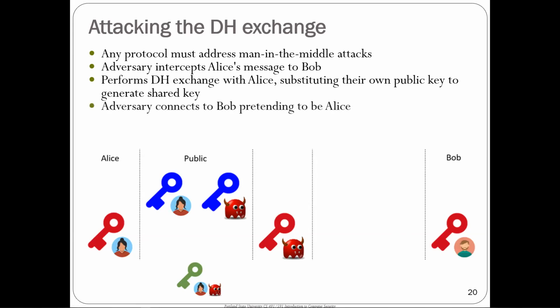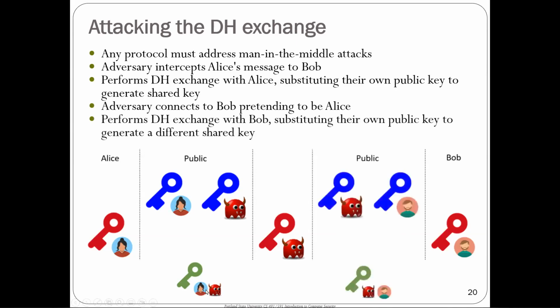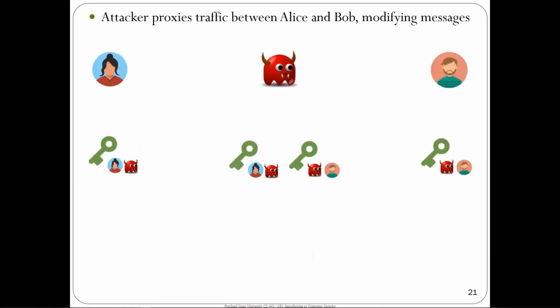Then the adversary, after doing this and generating this shared key with Alice, can do the same thing to Bob. The adversary can initiate the Diffie-Hellman key exchange with Bob, and then get this shared key between themselves and Bob. And then the attacker can proxy the traffic that goes back and forth between these two entities. So Alice sends a message using this shared key with the adversary.